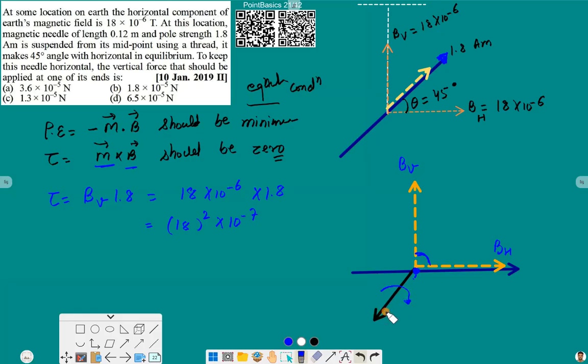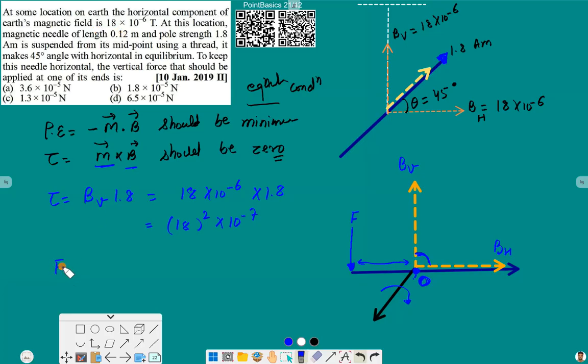So we need to balance this torque, and how can we balance it? We have to balance it by applying force on one side. So suppose we apply force on this side of the needle. If we apply force F here, then the torque about center point O acting on this rod will be F into this distance, and this distance is half of the length of the rod.